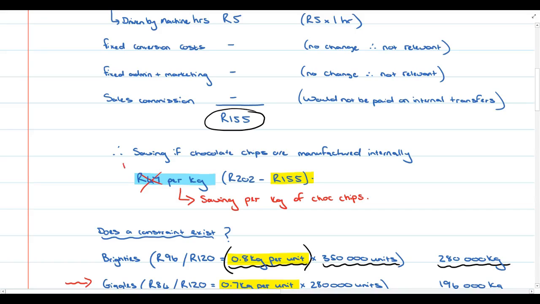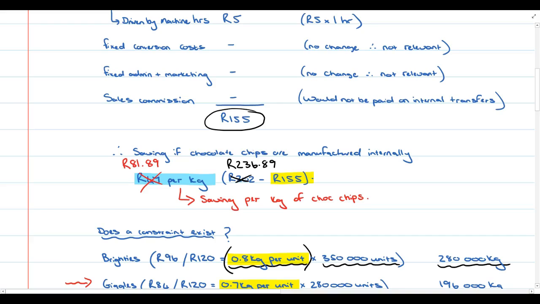So we said this needs to change to 81 Rand and 89 cents per kilogram. So if that changes to 81 Rand and 89 cents per kilogram, then your external purchase price over here is going to increase to 236 Rand and 89 cents per kilogram.